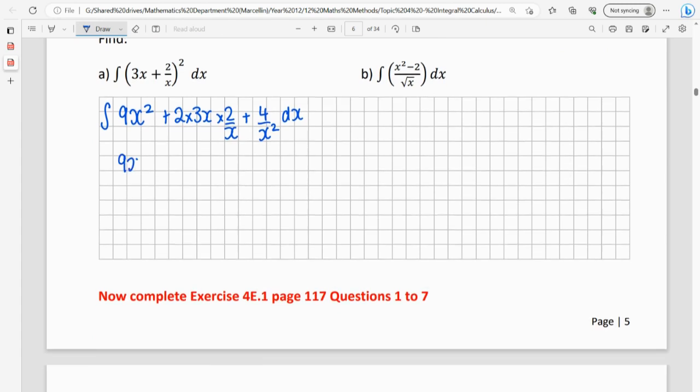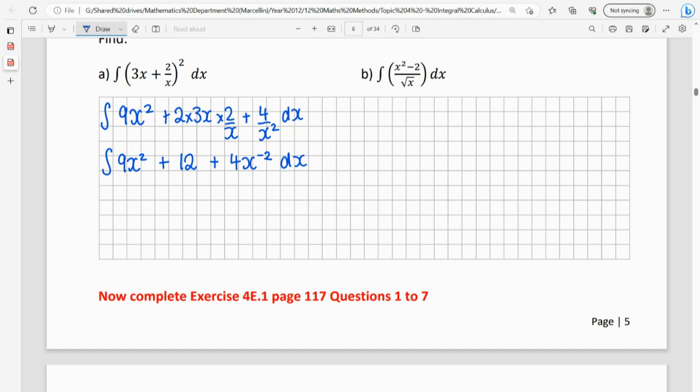I'm going to simplify this to make it easier. And once I've simplified it, I can actually start to integrate it.